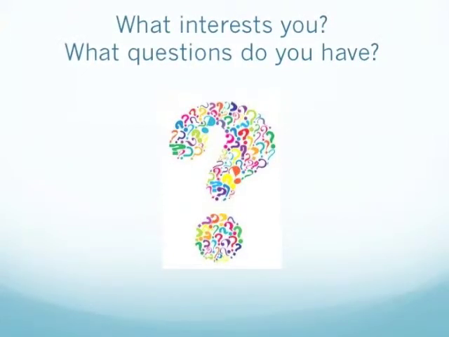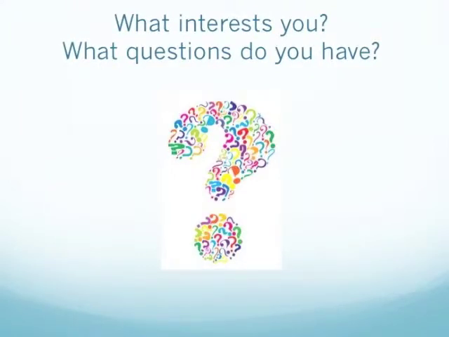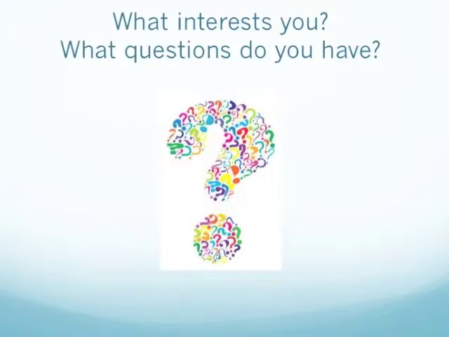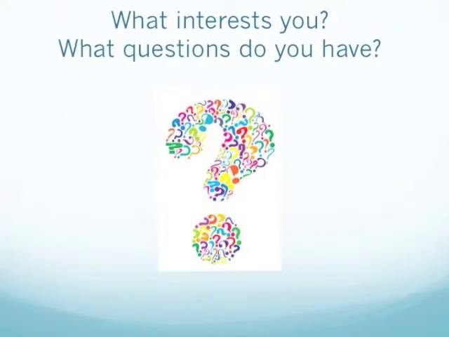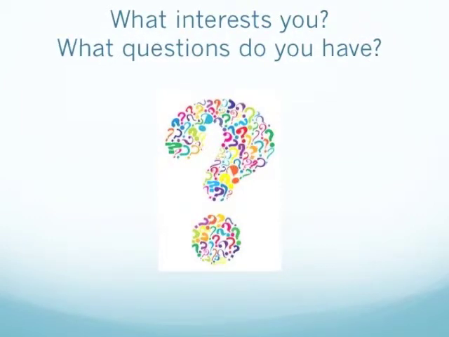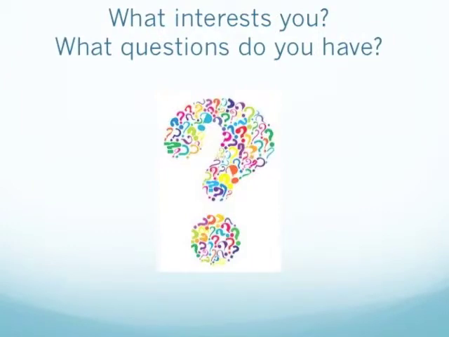What interests you? What questions do you have about your own practice? And then we'll start doing what we call reviewing the literature. We will be going in and finding different research studies, different articles that give us background information about that topic. What is already known about that topic? And based on that information, what do we now need to know more about?